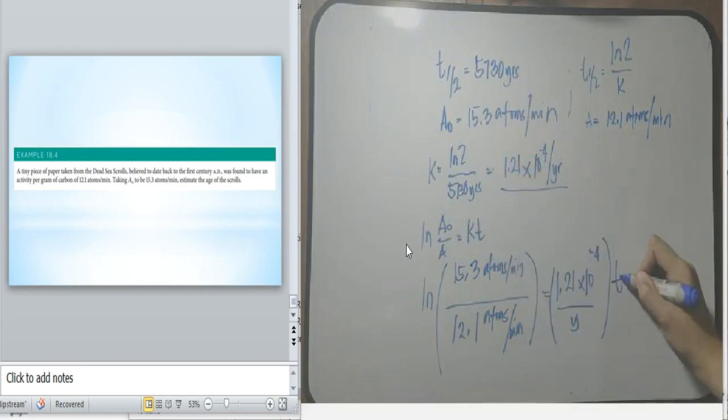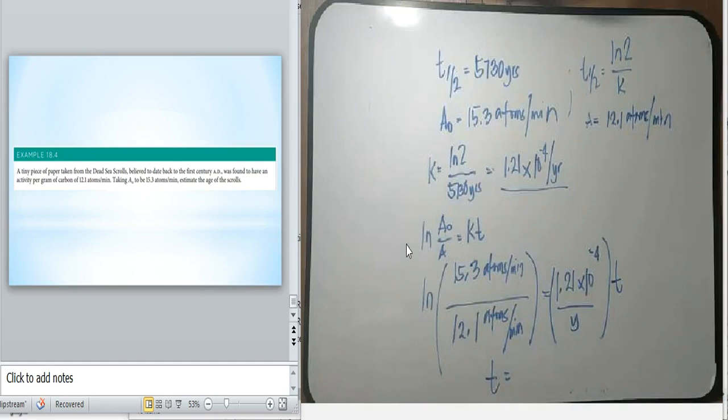So therefore, our time t is 1.94 times 10 raised to 3 years. So this is the final answer. So that is the age of the scroll.